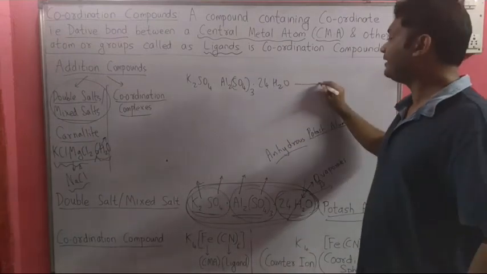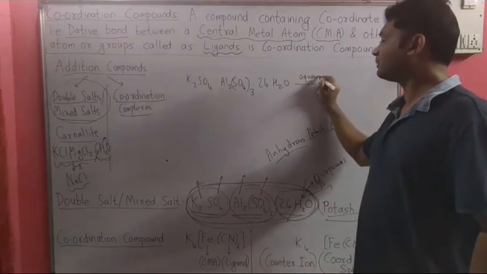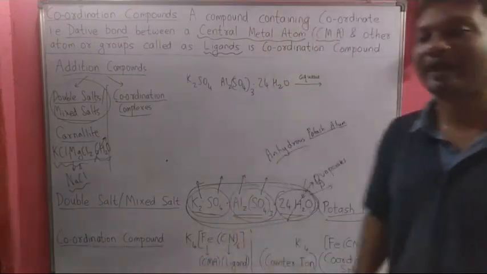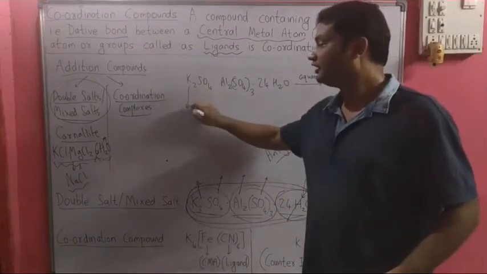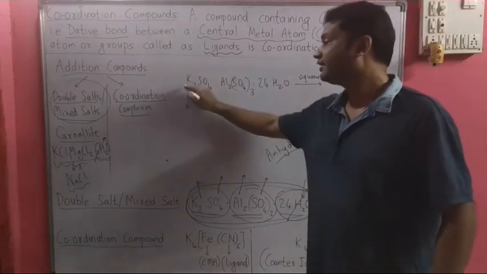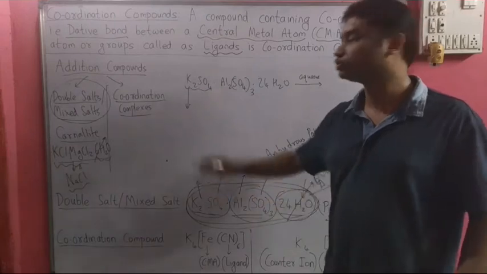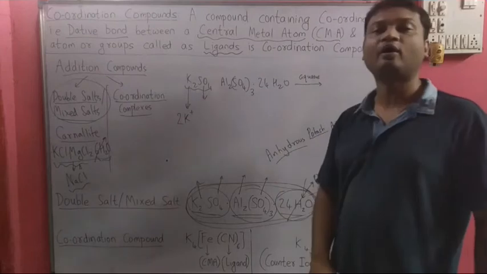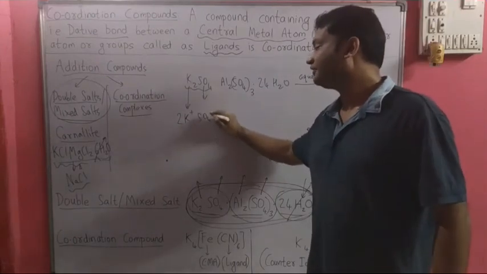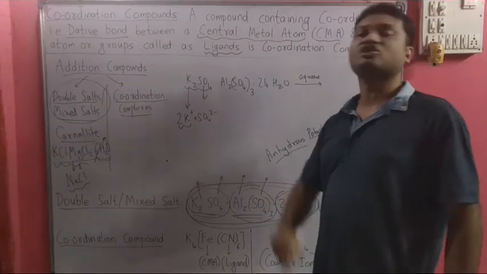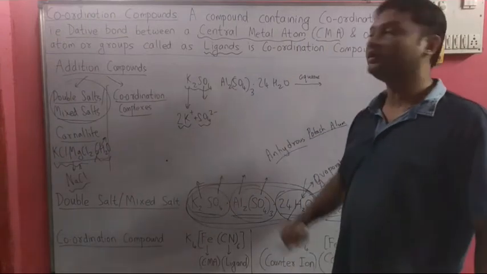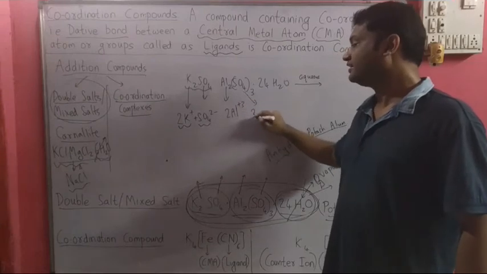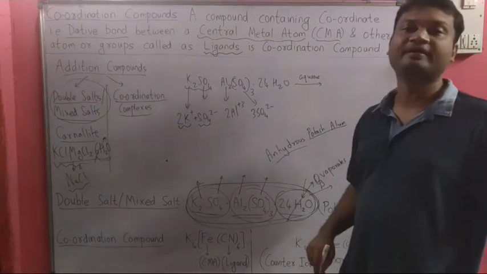If I make its aqueous solution by putting this potash alum in water, I will get the constituent ions: 2 potassium K+ ions, 1 sulfate ion, then 2 aluminium Al3+ ions and 3 sulfate ions SO4 2-.